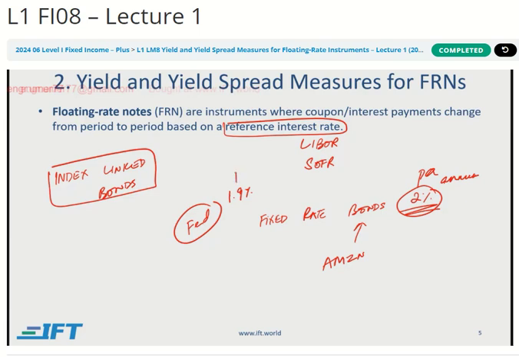But then what happens is that the Fed increases the rate, let's say to 2.5. Now you're stuck with the Amazon bond because it's at a fixed rate, right?